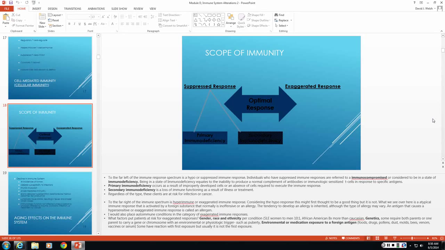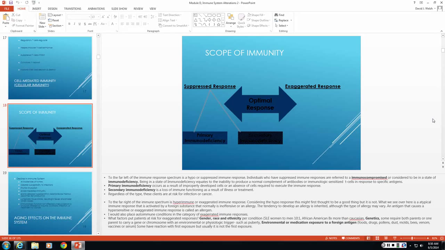So people with SLE, women to men, are going to be 10 to 1. African Americans are going to be 8 times more apt to have SLE than Caucasians.